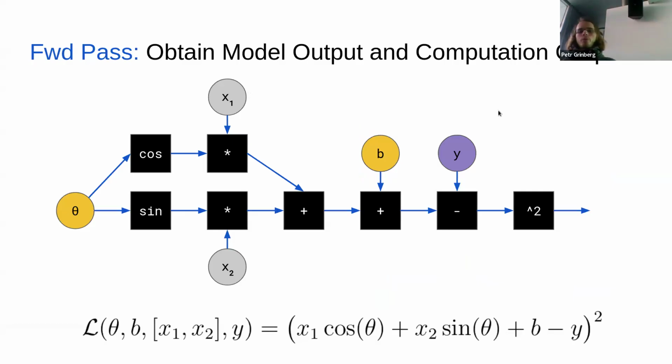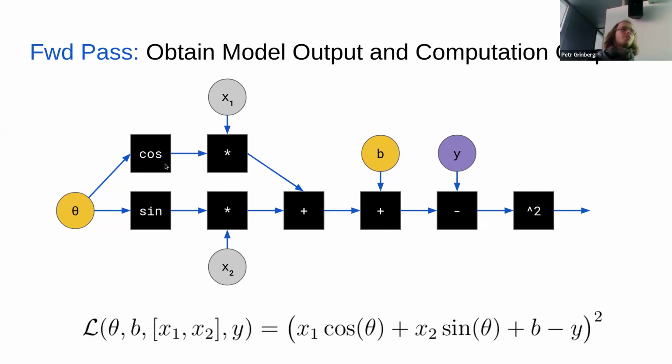Yeah. So let's do the forward and backward pass for this example model to finally understand everything. We look at this model as a computational graph, as I said. So we have our theta, we have B, we have our x1 and x2.